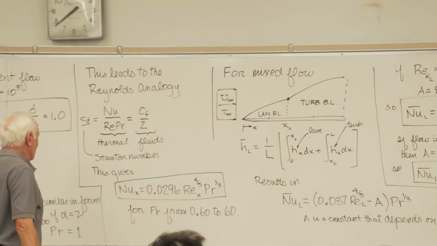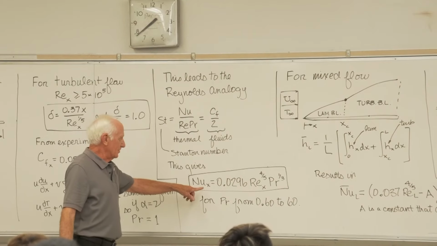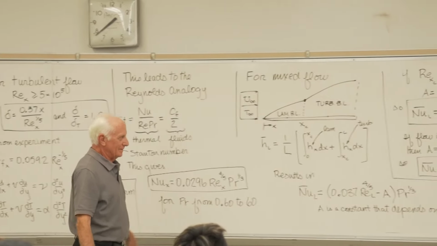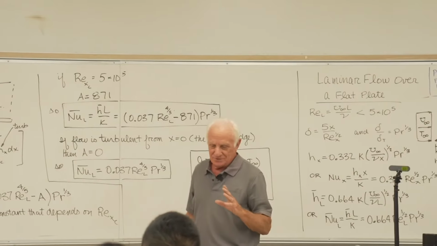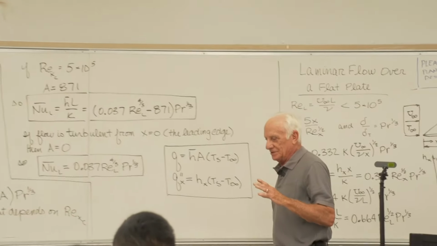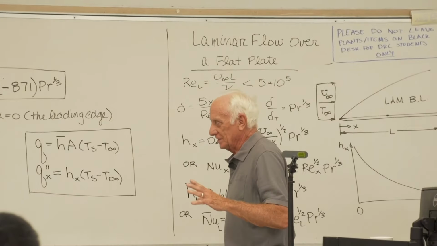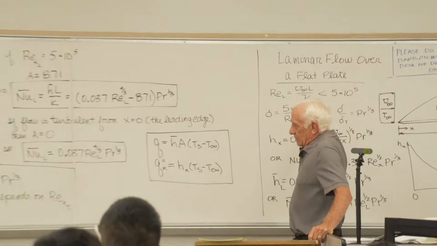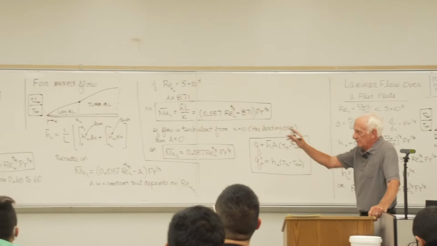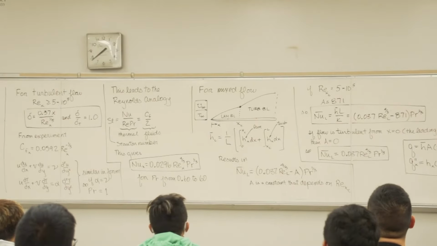Turbulent, local, right there. So everything in Chapter 7, external flow, that is useful in solving problems is on the board right now. Laminar, all turbulent, mixed flow.